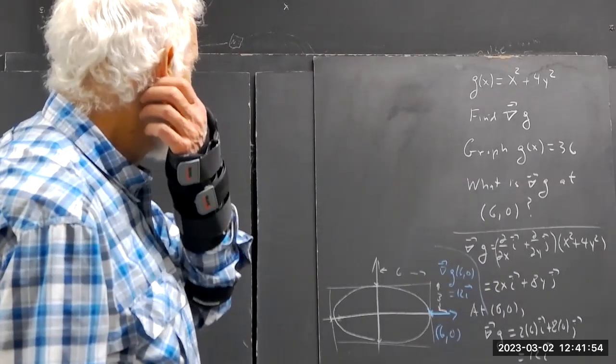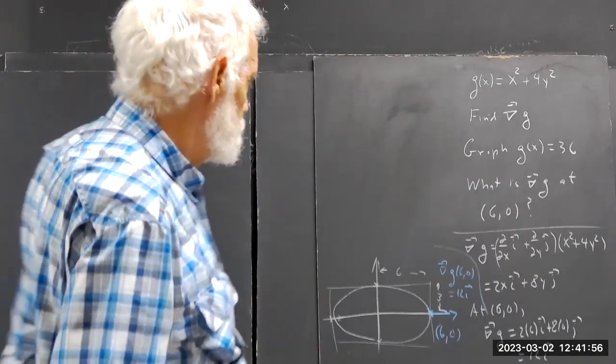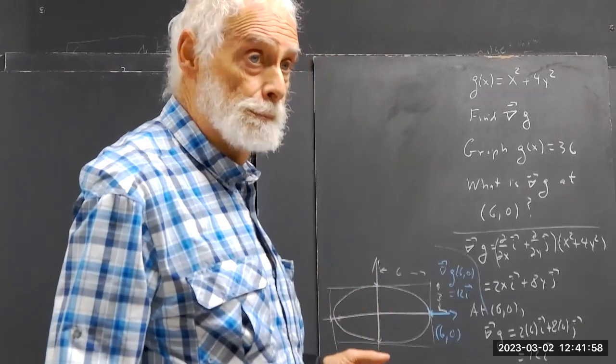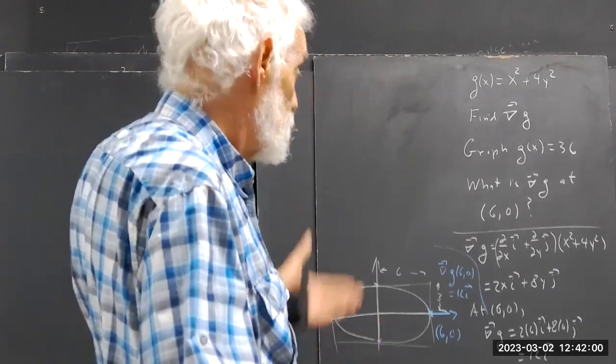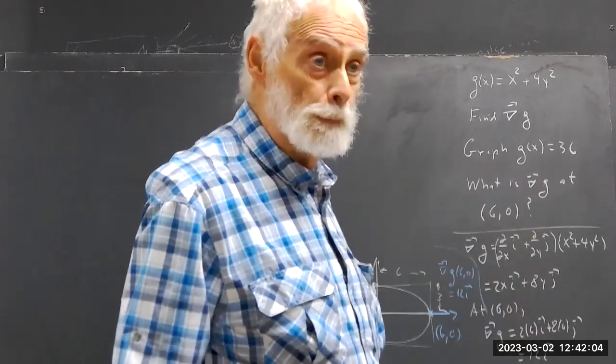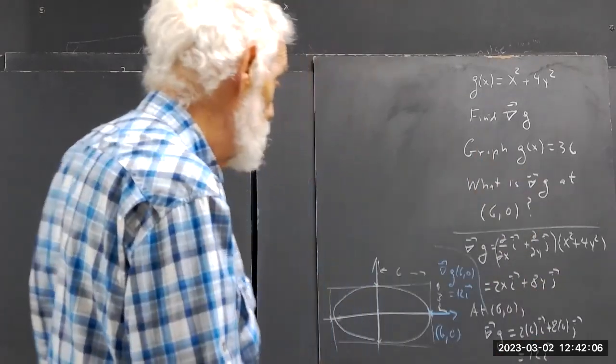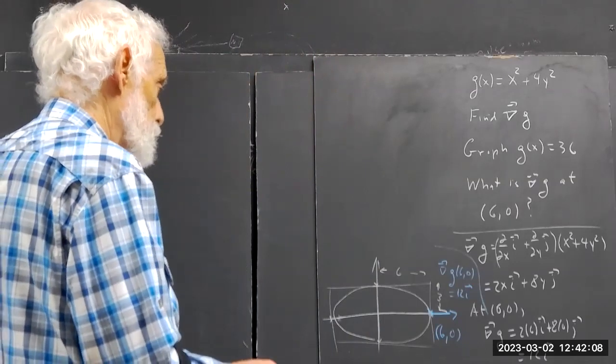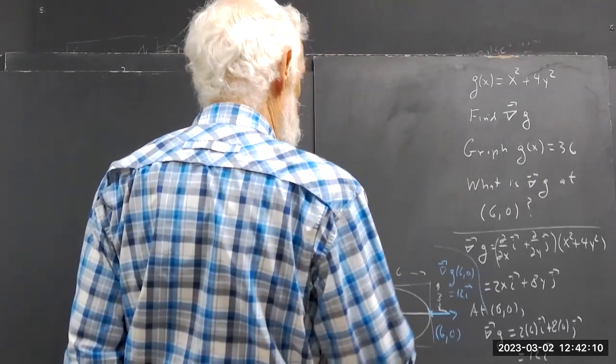Now, what would be the gradient of g at 0, 3? Well, very clearly, you put 0 in for x, 3 for y, and you get 24. Check. Okay. The gradient of g here is 24j.